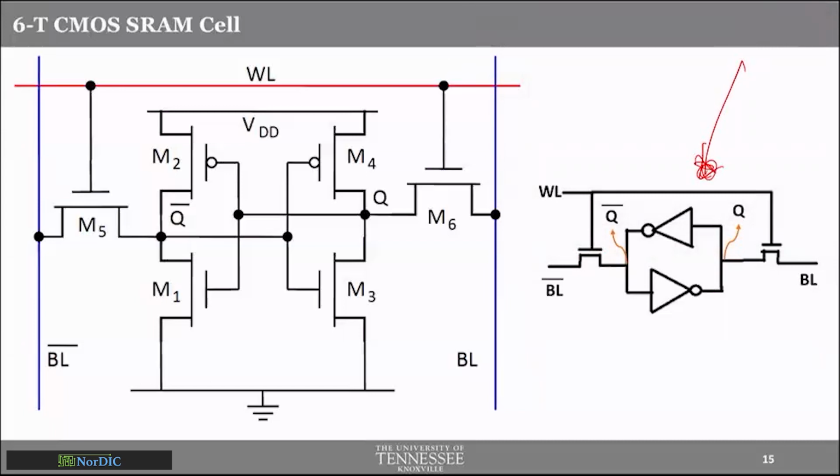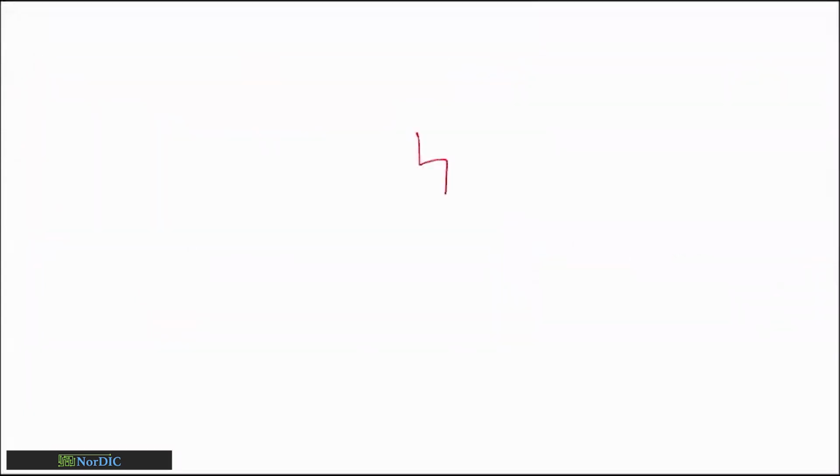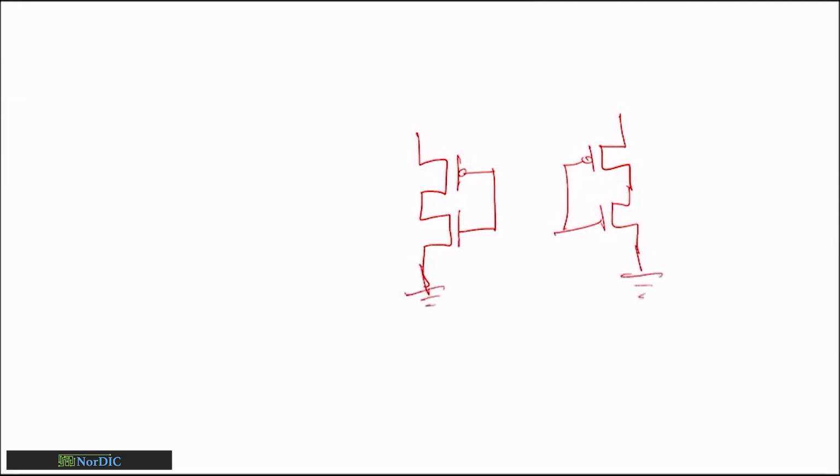So just keep that in mind. You can first draw two inverters like this. Oftentimes we have to do this to discuss the details of operation, because you actually have to expand the transistors to see the details of read and write operation. We will do that in a few minutes.